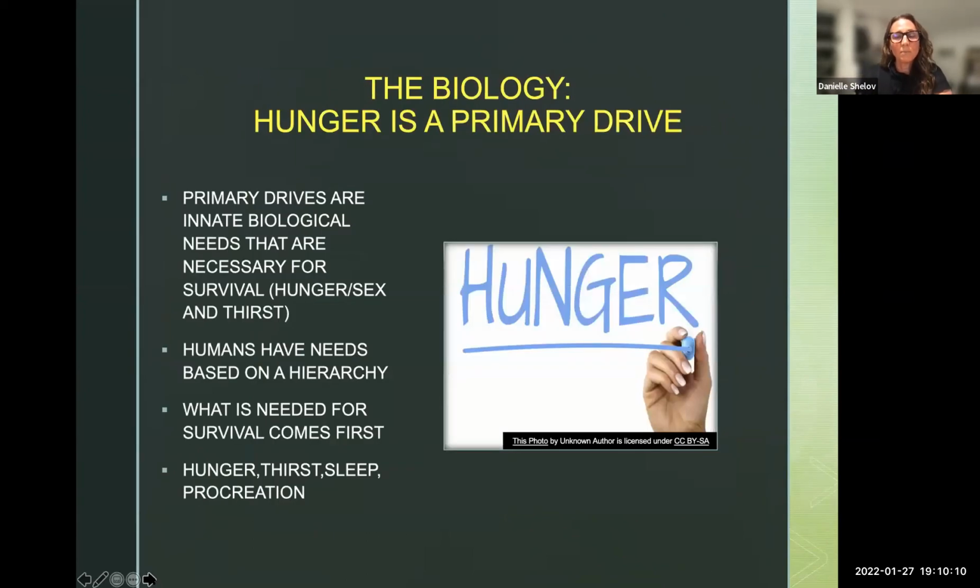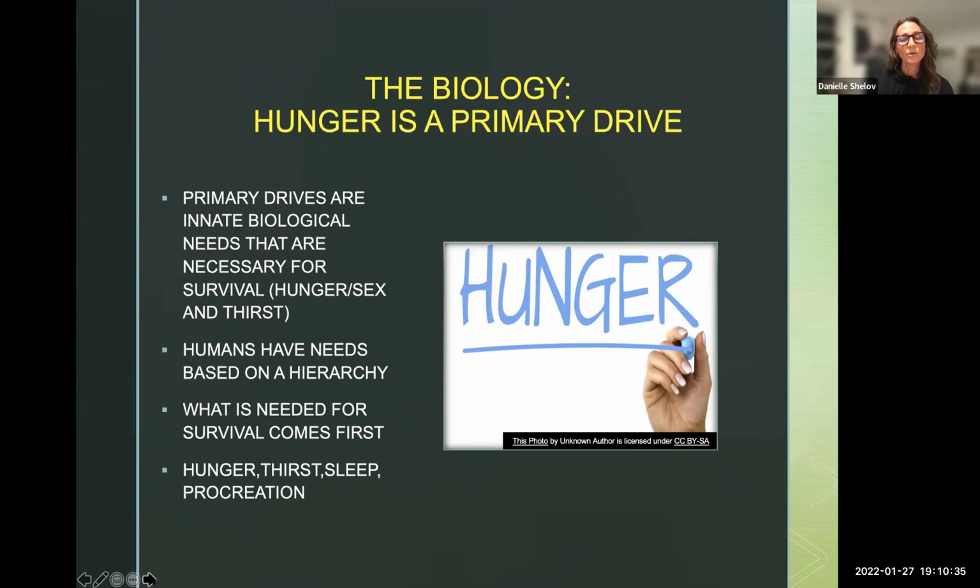So the number one most important thing about eating disorders is that they are driven by biology, right? And I think that for most of us, we sort of think about eating disorders as vanity, or they think it's entirely about society or being thin. When the reality is that the biology of eating disorders is about hunger, right?